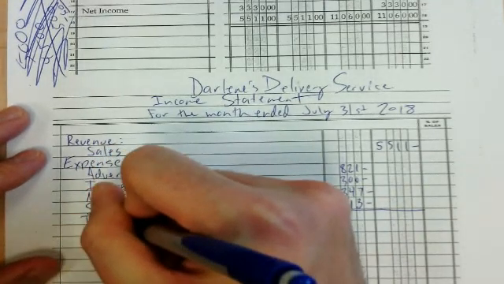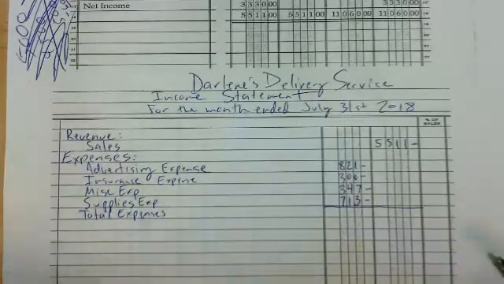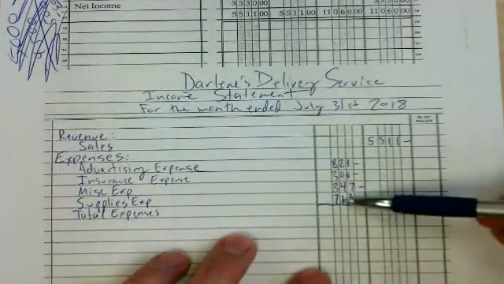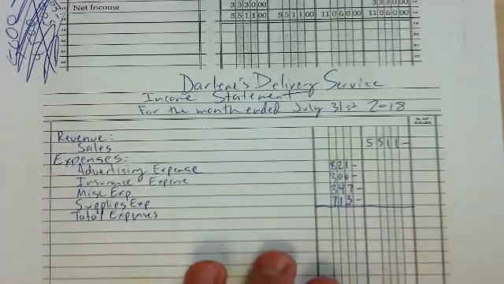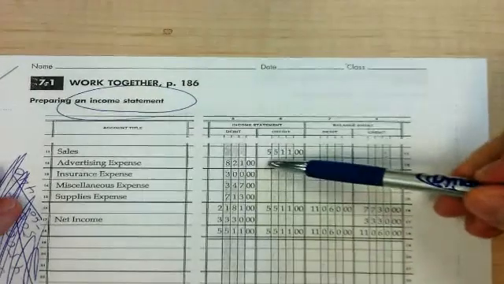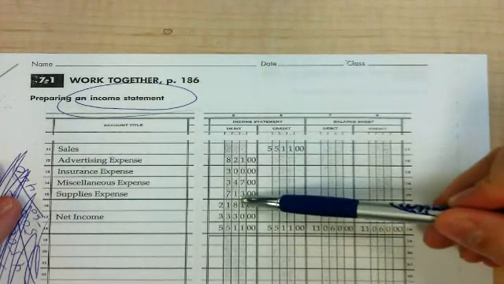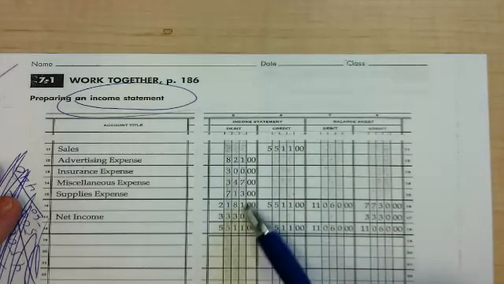Total expenses. And then you would add these up. However, luckily for you, where are they already added up for you? Up here. If you recall, when we did an income statement, we listed our sales, we listed our expenses, and then we added them up.